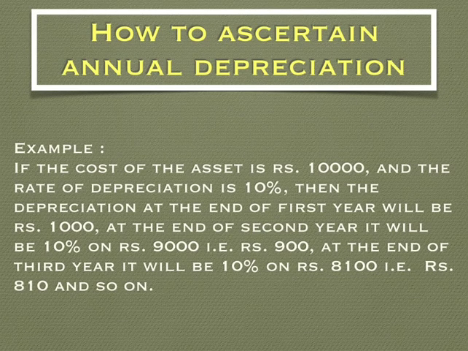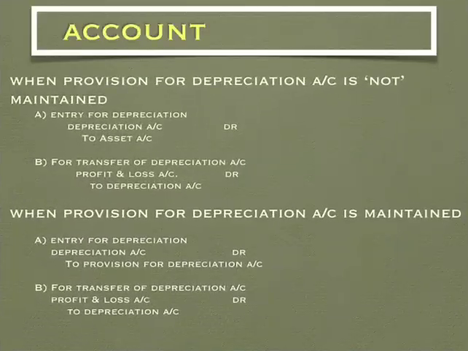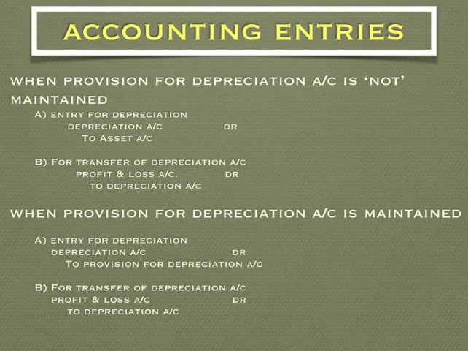So depreciation for the third year will be 10% on 8,100 rupees, which comes to rupees 810. And so on, we will calculate our depreciation up to the years for which we want to calculate. Accounting entries for diminishing balance method are the same as fixed installment method. We have seen it earlier.